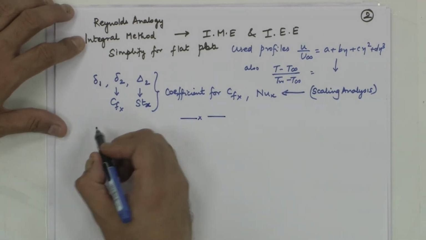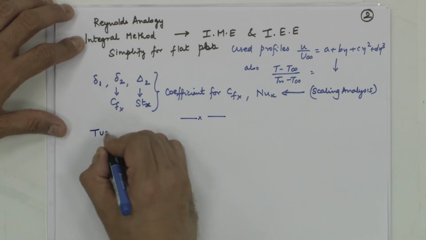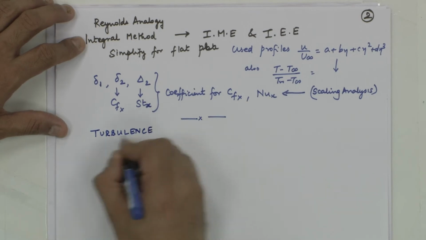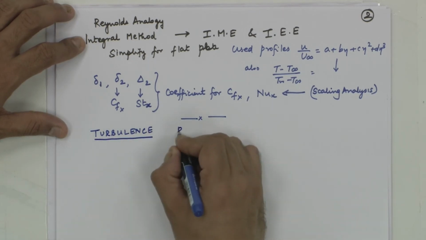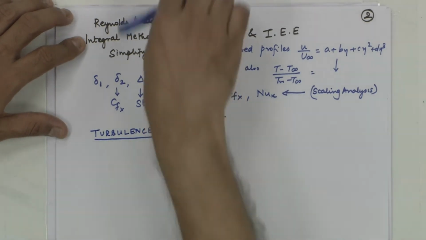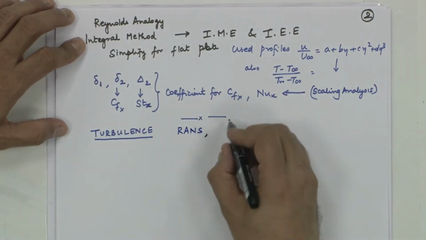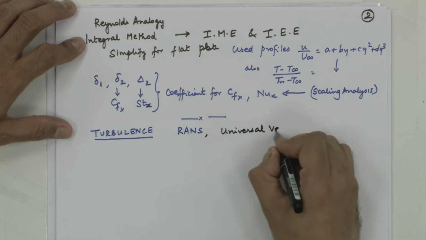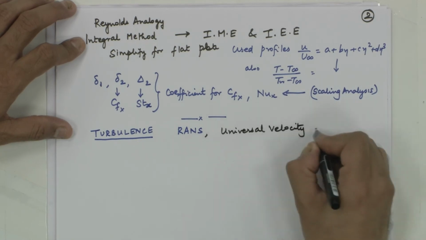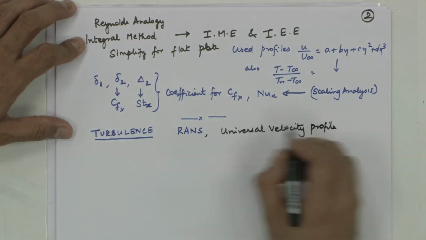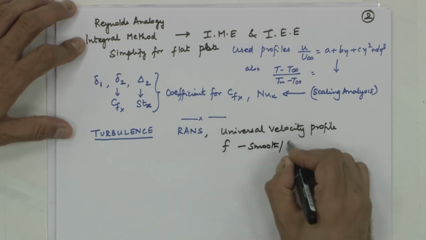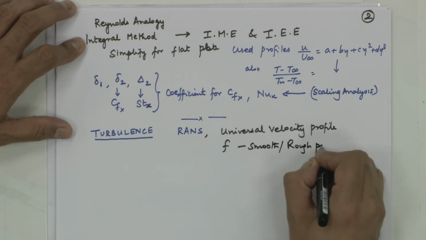Then Professor Prabhu introduced turbulence in detail. We spent sufficient amount of time in Reynolds averaging, then universal velocity profile, friction factor for smooth and rough pipe, so on and so forth.